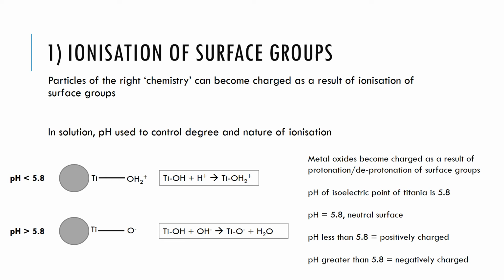If we increase the pH towards the basic side of our isoelectric point, so above a pH of 5.8, we deprotonate those groups, and we're left with TiO- groups on the surface of the particle, and we render the charge of our particle surface negative. So metal oxides and other similar particles are very easy to charge, if you like, and we can do that very simply by just changing the pH.